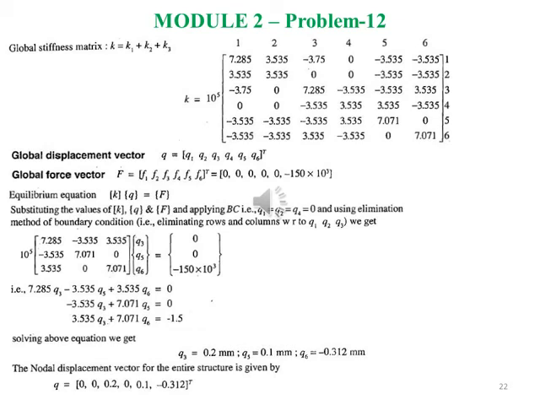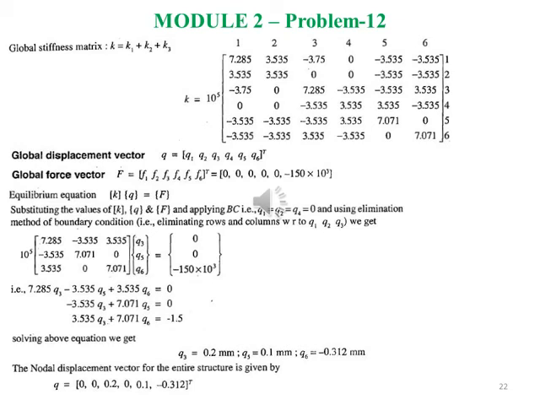Similarly, node 3 is common for both element 2 and element 3. Hence the data pertaining to node 3, represented by the 5th row and 5th column and the 6th row and 6th column in element 2, is to be added with the 5th row and 5th column and the 6th row and 6th column of element 3.